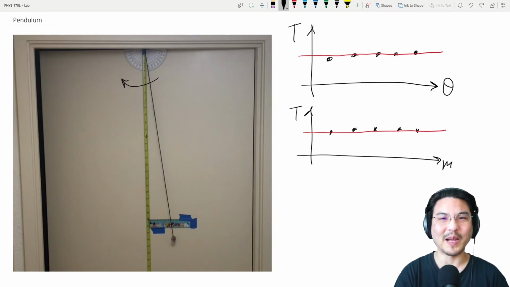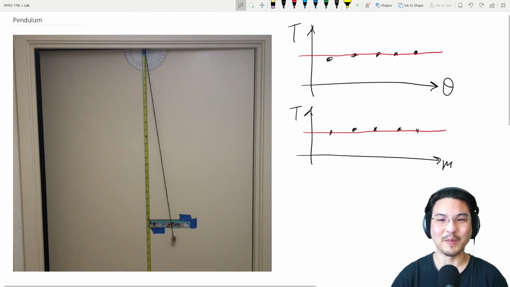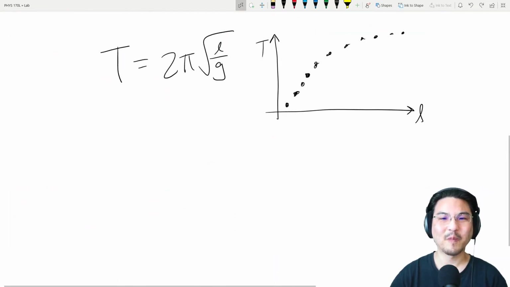So it might be hard to time. If you video record it and count frames, that's no problem. But if you're using a stopwatch by hand, your reaction time is going to factor into the period more when the string is really short. So there's a practical range that depends on your particular setup.